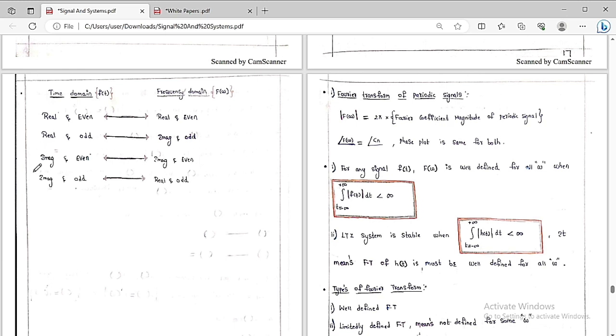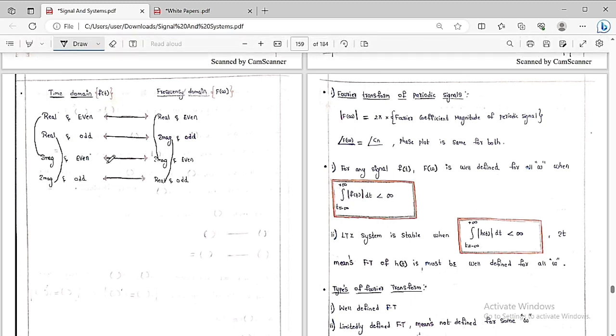Here also replace real by imaginary, and replace imaginary by real, and the remaining things are the same. So if you know the first two things, just interchange these two things. Real's opposite is imaginary, and imaginary's opposite is real. But the remaining things are the same.